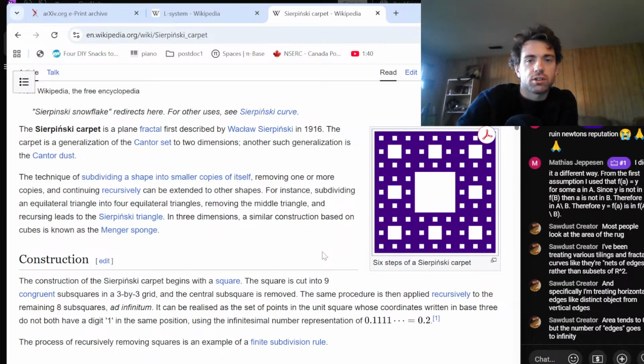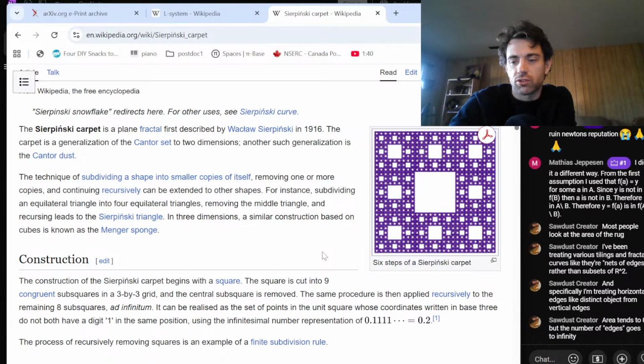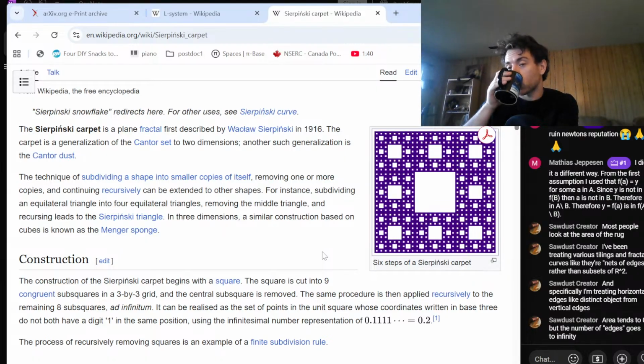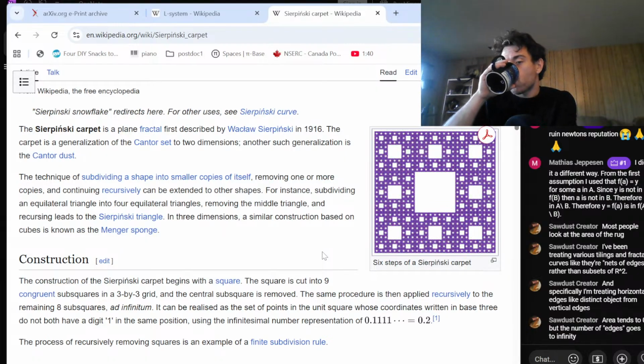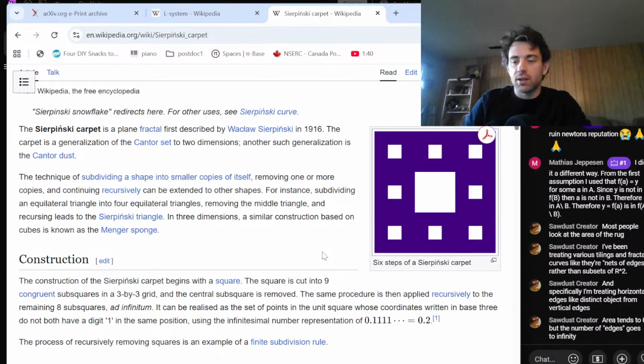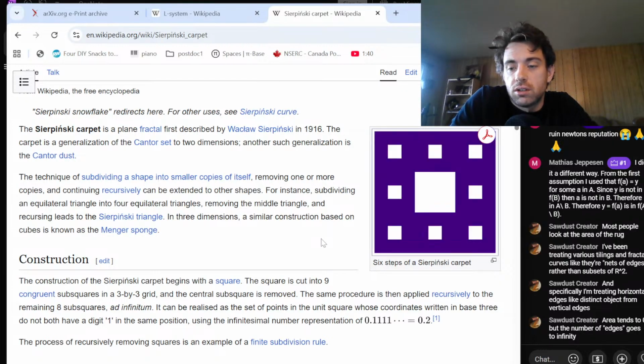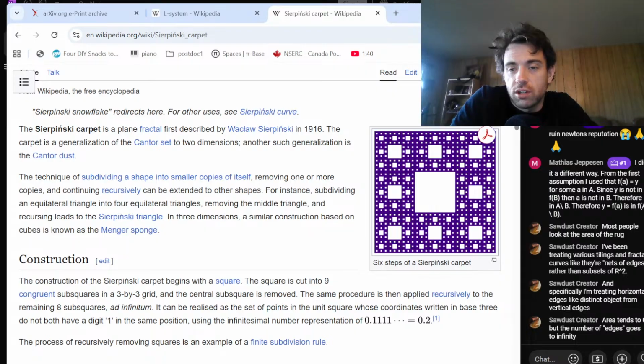We might have to continue this discussion tomorrow, though, because I think I am gonna end office hours soon. Area tends to 0, but the number of edges goes to infinity. Right? That does make sense. That tracks.